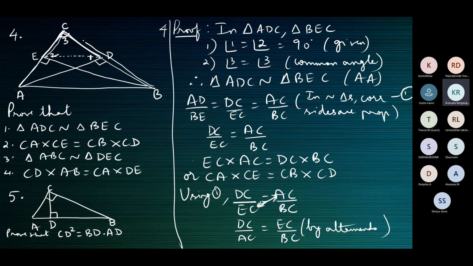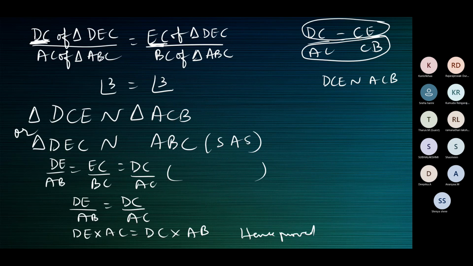Angle 3. That is important, not any two equal angles. When you're using SAS, the sides for which you have taken the proportion contain an angle, and that is the angle you have to state. So here 3 is the angle contained by both pairs of sides in the two triangles. DC, EC contain angle 3, and AC, BC also contain angle 3.